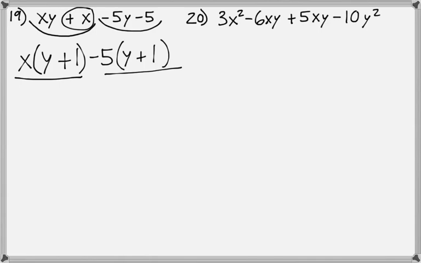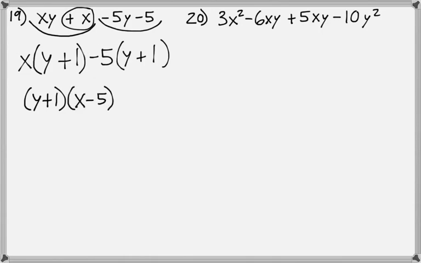Those must match in order for you to complete the factor by grouping. So whatever you see in parentheses, meaning the y plus 1, that's going to be one part of my answer. And then whatever's not in parentheses, I'm going to combine those, and that's going to be my second part. Again, it's like you're factoring out the y plus 1, and the x minus 5 is what's left over.